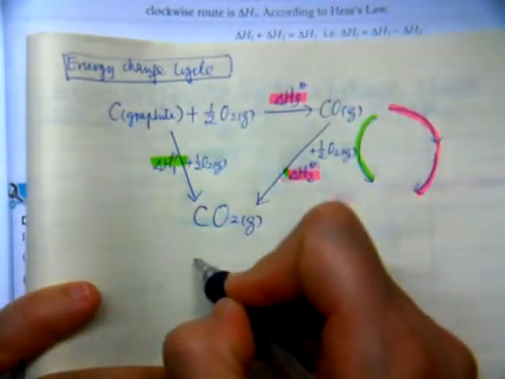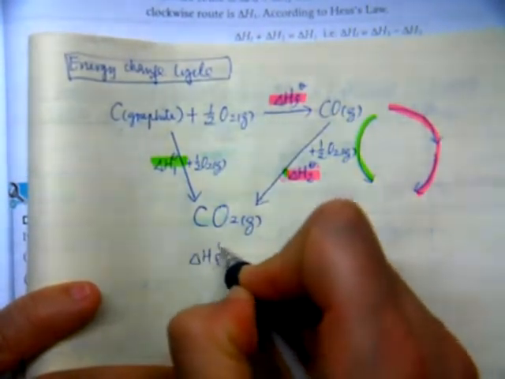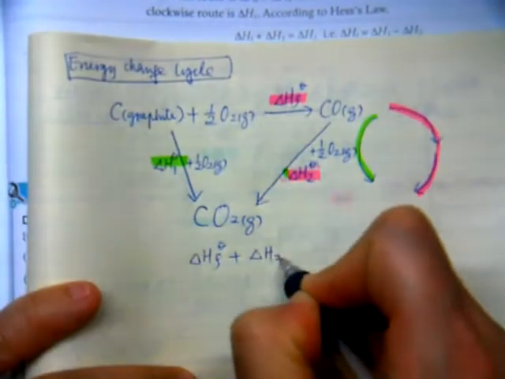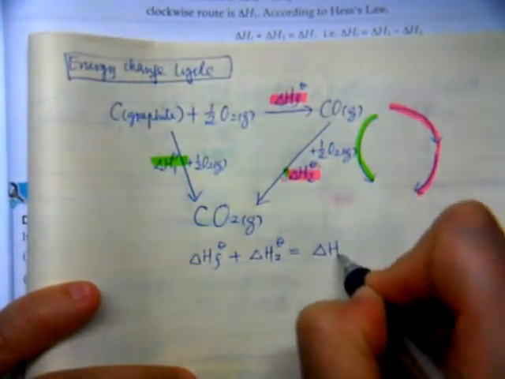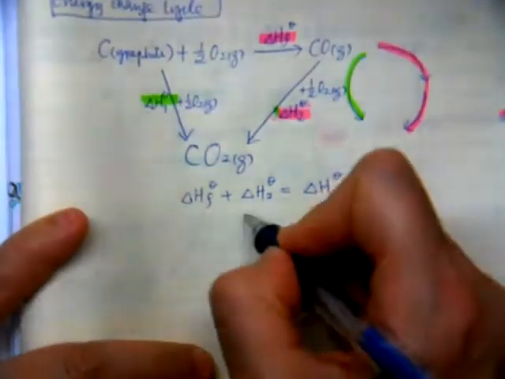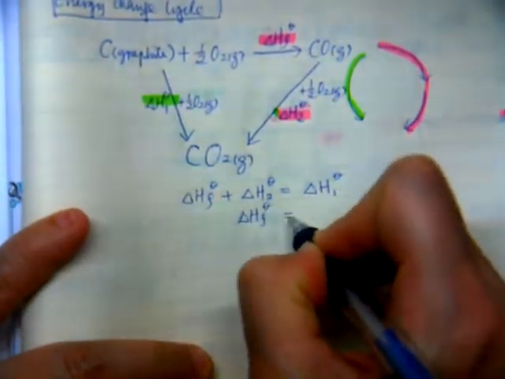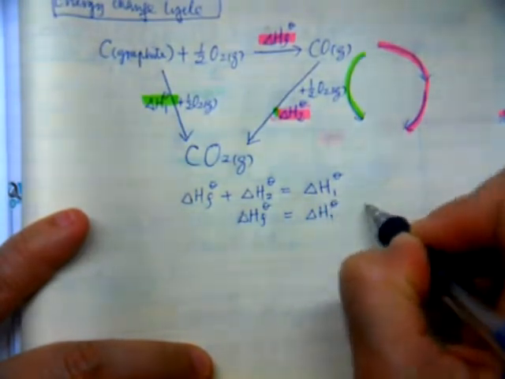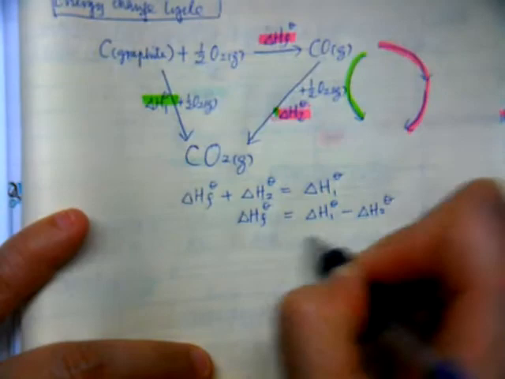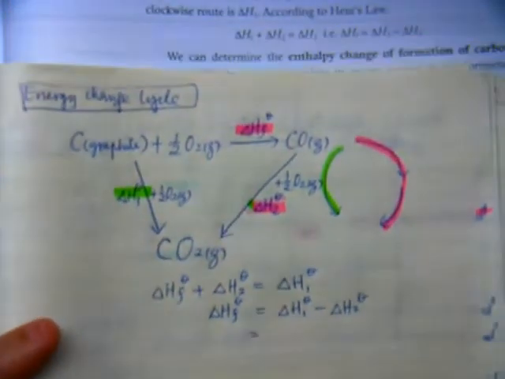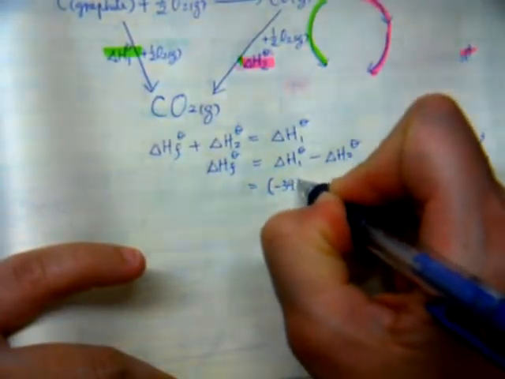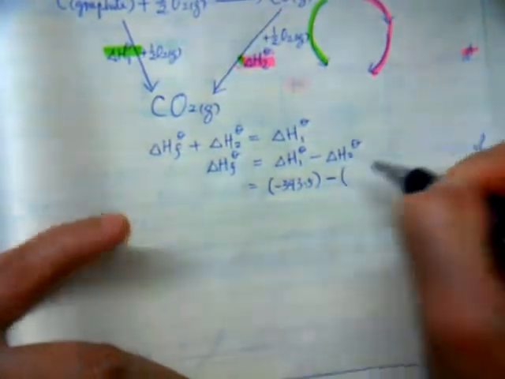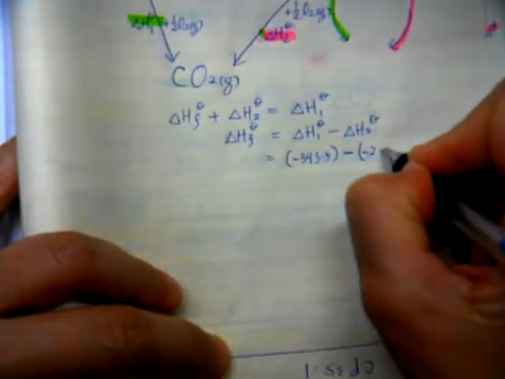After that, use Hess law. Because these two belong to the same route, therefore delta HF plus delta H2 is equal to delta H1. Rearrange the equation because now we want to work out delta HF, which is equal to delta H1 minus delta H2. Lastly, substitute the data. Delta H1 is negative 393.5 minus delta H2, 283. Be careful about the sign, okay?